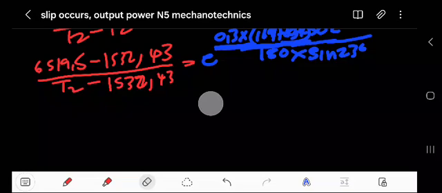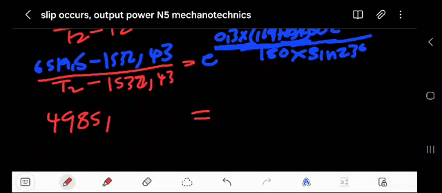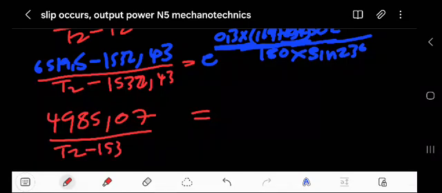Okay, let me punch that on the top. If we subtract, we'll have 4985.07 all over T2 minus 153.2,43.